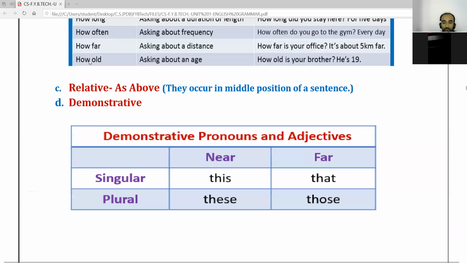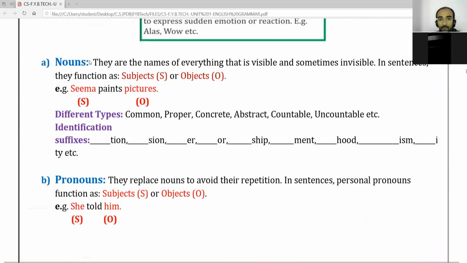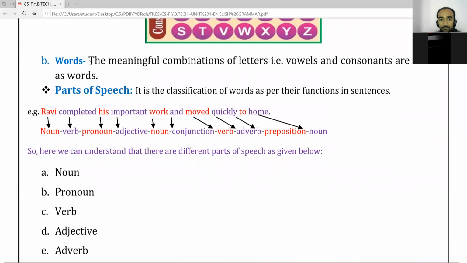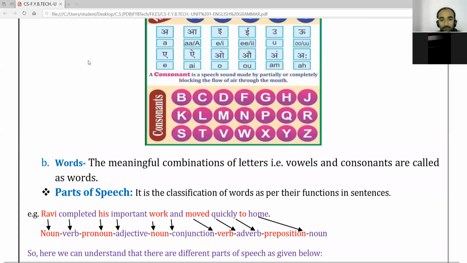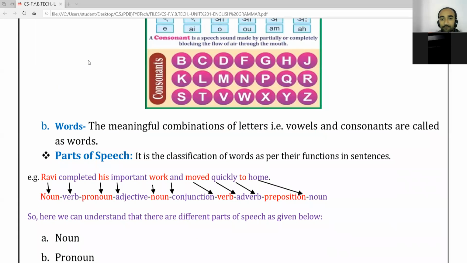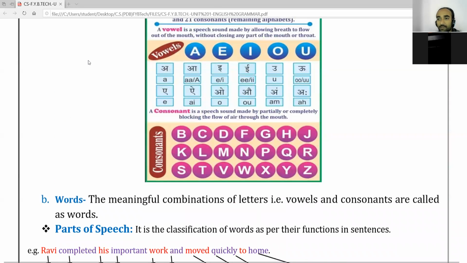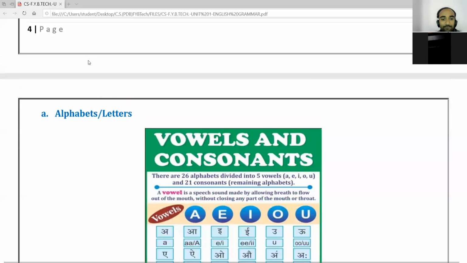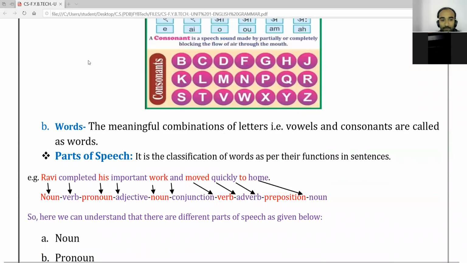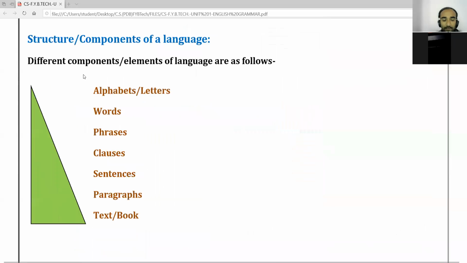So up till now, what have we discussed? We have seen the different parts of speech. At first, we completed the articles. Then we moved towards the 8 parts of speech. Of these 8 parts of speech, we have completed noun and pronoun. Nouns are nothing but naming words.